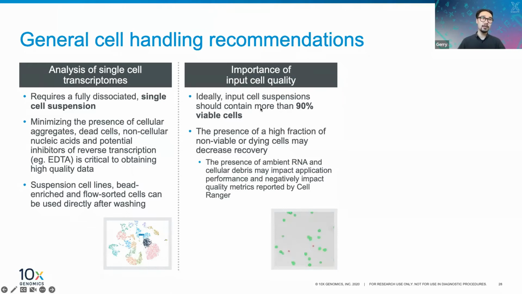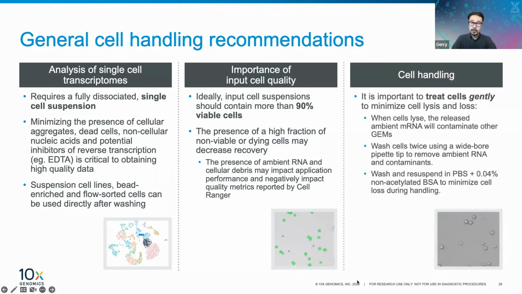We find that when you have a high fraction of non-viable or dying cells, this will decrease your recovery, since the presence of ambient RNA and cellular debris can negatively impact performance and also your data at the end. Obviously, you want to be sequencing healthy living cells. Dying cells can give out ambient RNA, which can contribute to the background in your data, and worst case, even cause aggregates of cells to come together and clog the instrument.